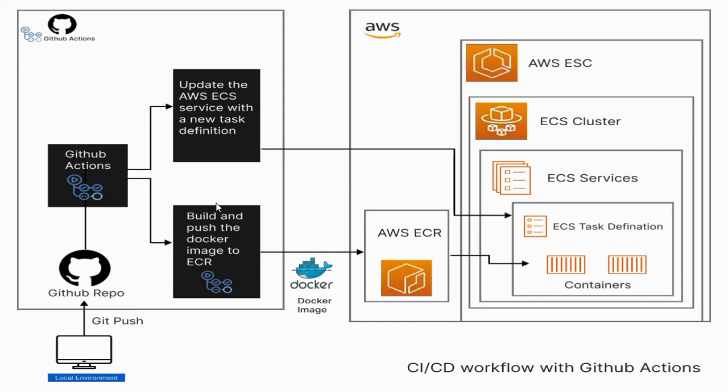We'll be creating that new task definition with that updated image ID, and we'll deploy it to Amazon ECS. So once we push the image to ECR, then we will start updating the task definition.json to the ECS service. So let's see how we'll do it.